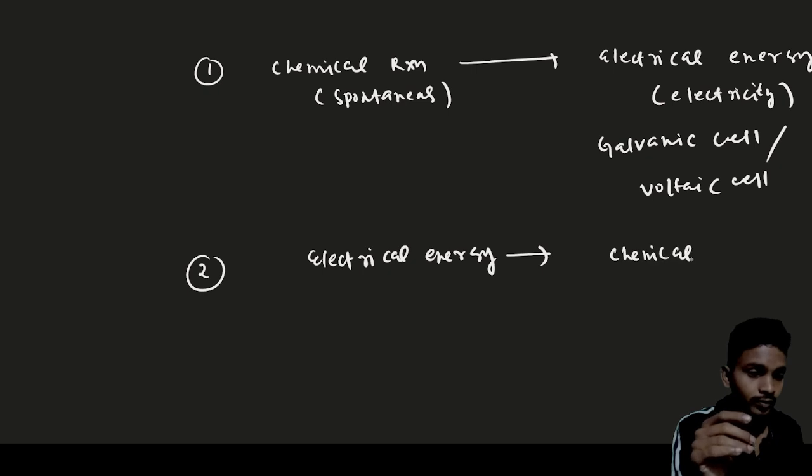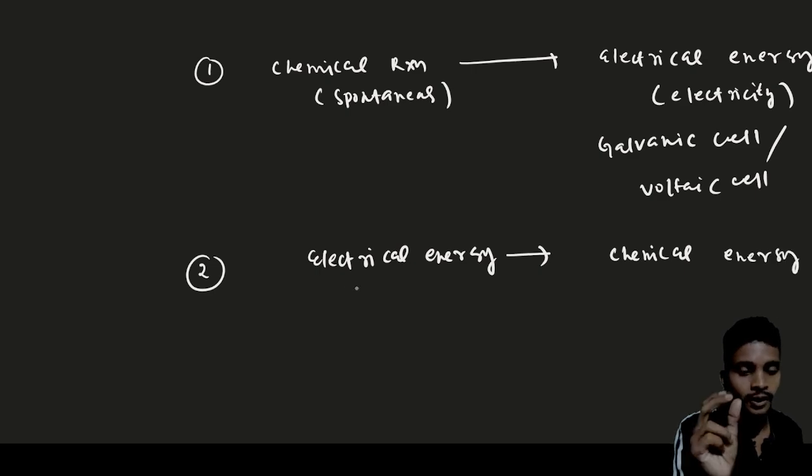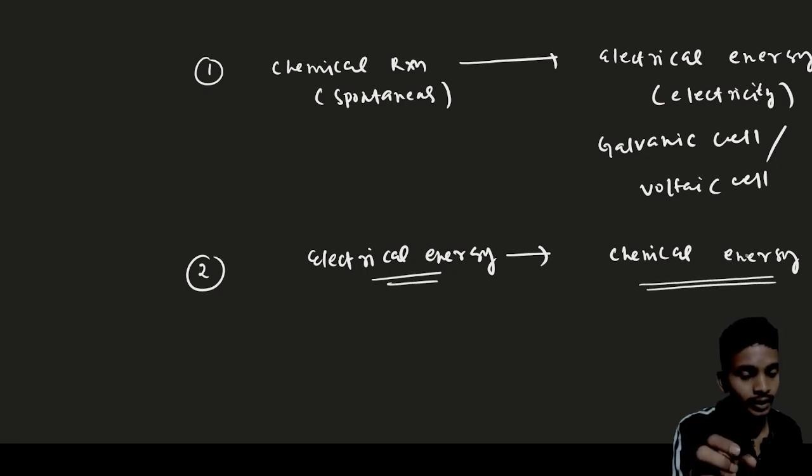So from electrical energy to chemical energy. This is called conversion of electrical energy to chemical energy. So that we will study in the electrolytic cell.